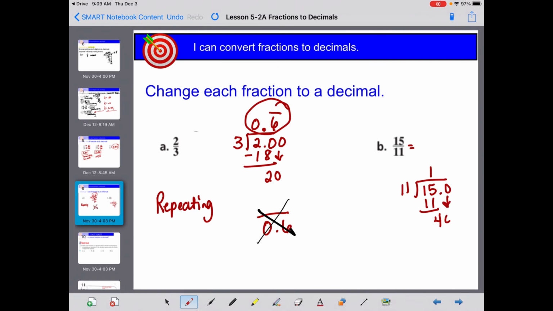It hasn't come out even, so I need to add a 0 and a decimal point. 11 goes into 40 3 times, and when I subtract, I get 7. 11 goes into 70 6 times, and then I get a 4, and that's when I realize that I have a repeating pattern. The 3 and the 6 will repeat. So I would say this is a repeating decimal, and the block of digits repeating, I put a line over, which are 3 and 6.